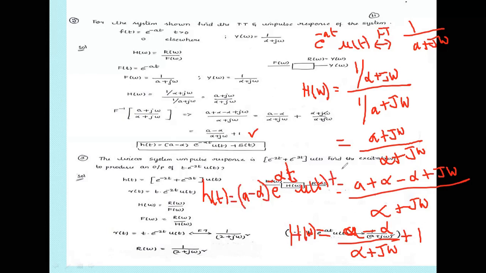What is 1? The inverse Fourier transformation is delta of t. So we got the impulse response h of t equal to a minus alpha into e power minus alpha t mu of t plus delta of t.